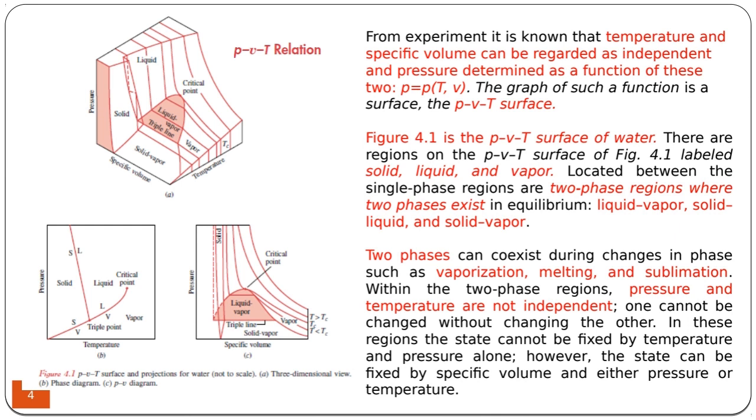X-axis is specific volume, y-axis is temperature, and z-axis is pressure. And this three-dimensional graph gives you the relationship between pressure, specific volume, and temperature. This specific volume can be replaced by, for instance, internal energy or enthalpy, or entropy.